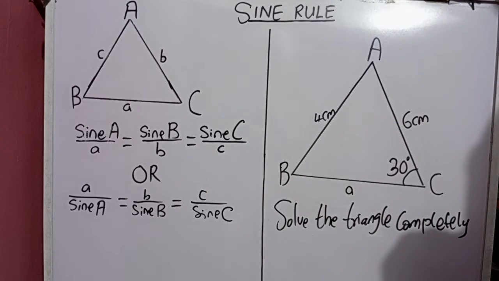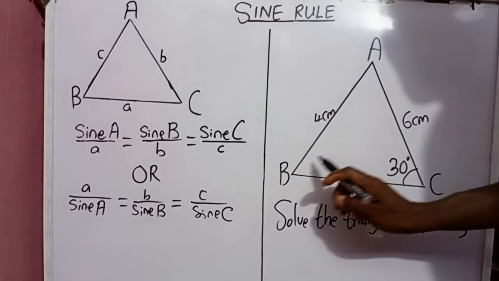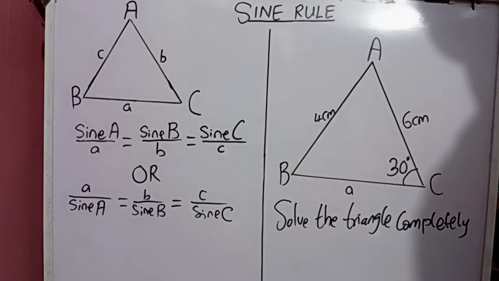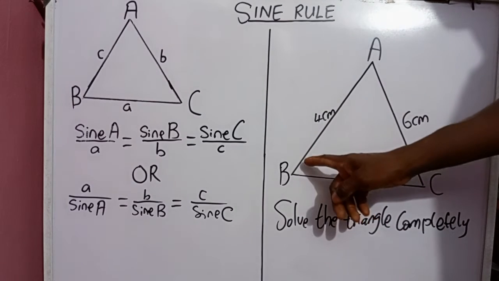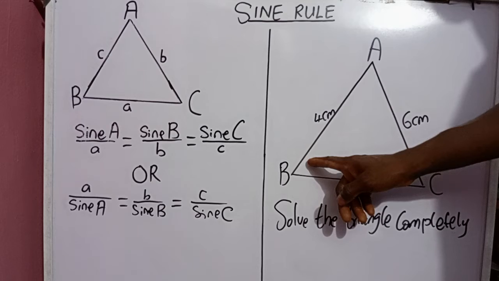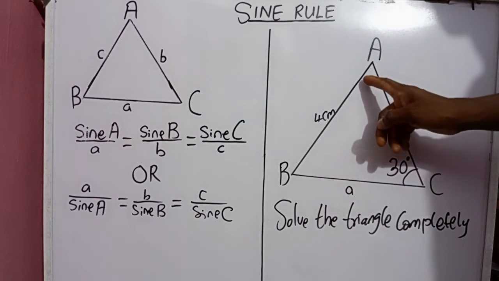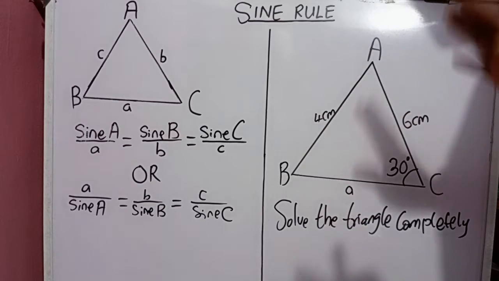Another condition for which we can use sine rule is the situation whereby you have two angles given in that particular question and any of the sides given. Take for example, you are given this angle as 40 degrees. We can easily find this one, provided one side is given.